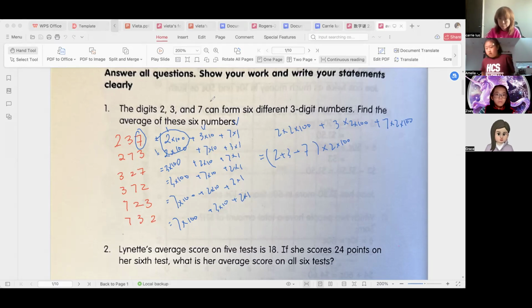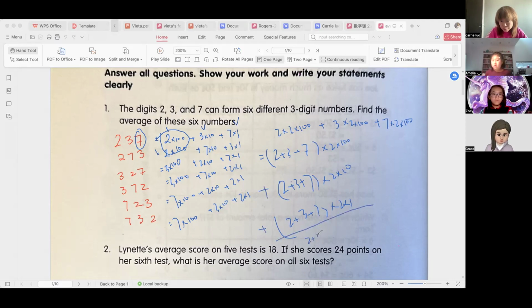Did you finish? Okay, so I think you will have the same thing as 2 plus 3 plus 7 times 2 times 10, right? And also 2 plus 3 plus 7 times 2 times 1, correct? So I'm going to add all of them together to have 2 plus 3 plus 7 times 200 plus 20 plus 2.